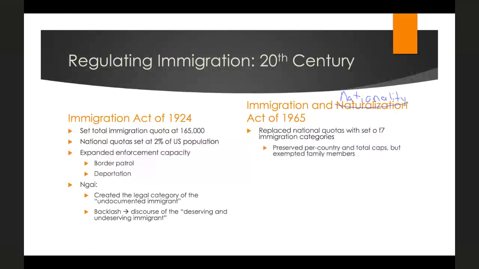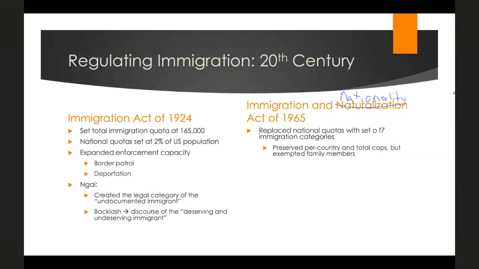And we'll talk about these in a little bit. But these quotas weren't based on national origin to try to maintain the balance of national origin in the United States population. There were different caps based on the total number of immigrants available.